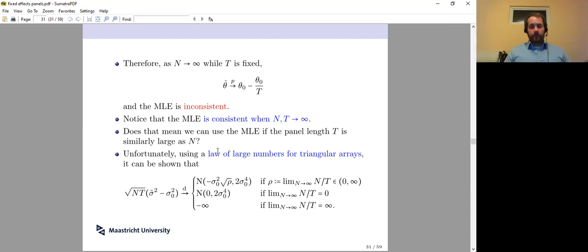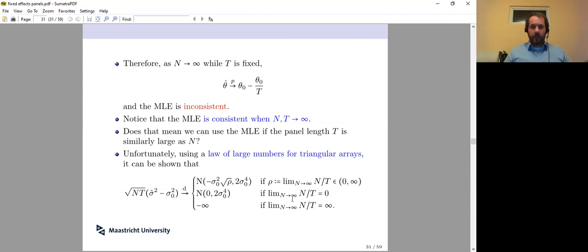However, what Neyman and Scott have also shown is that when you look at the asymptotic distribution, if n and t grow at the same rate, we have first of all a bias in the asymptotic distribution. So this part here is not 0. Then if t grows faster, here the limits are taken as n and t go to infinity, of course.